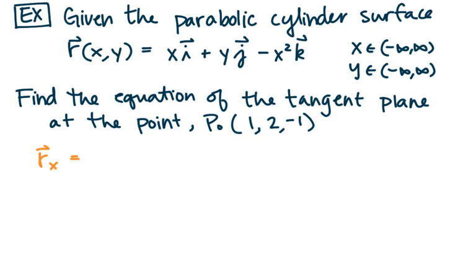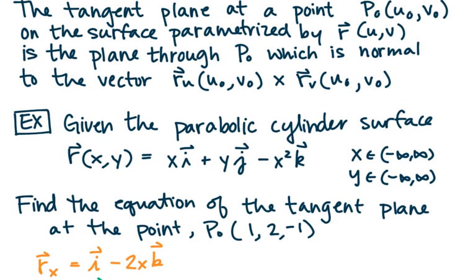R sub x, so finding the partial with respect to x, we're going to end up with 1i plus 0j minus 2xk. And r sub y is going to be 0i plus 1j minus 0k.